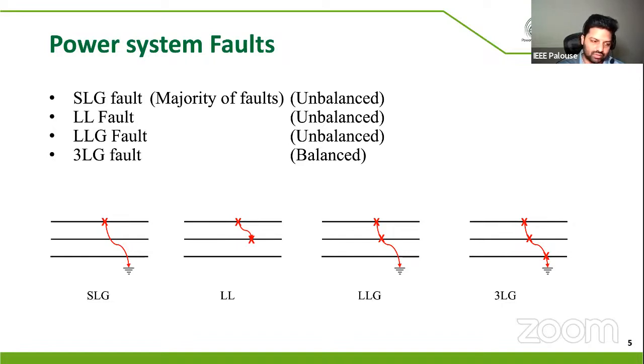That is the reason that for some of these single line to ground faults, you also have reclosing enabled to let the power flow uninterruptedly. Some of these faults usually evolve into line to line to ground faults as well as line to line and line to ground faults. It always depends upon multiple factors, but these are some of the major faults that happen.